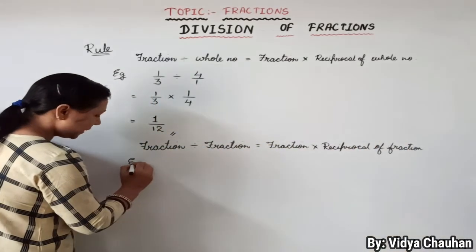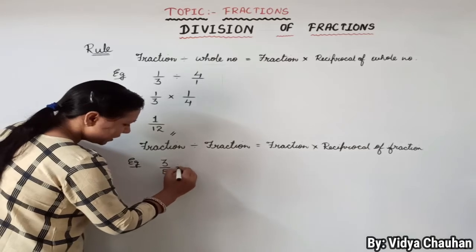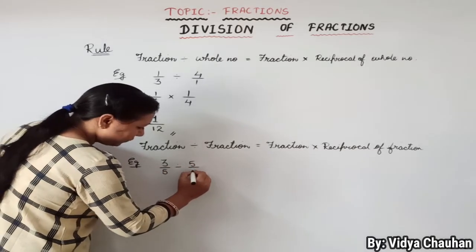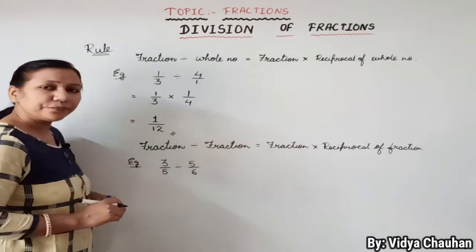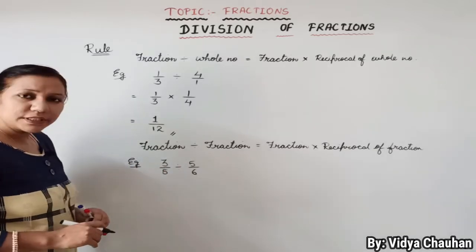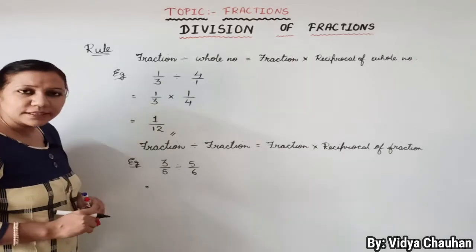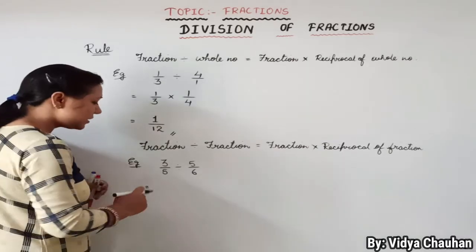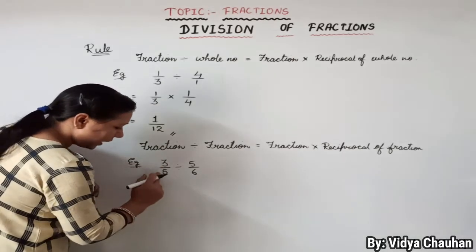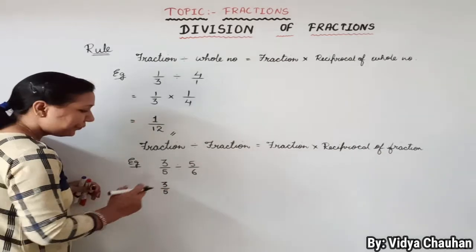Let's take an example. Suppose there is 3 upon 5 divided by 5 upon 6. If it is said to solve this, you have to divide these two fractions. So the rule is the same. Write down the first fraction as it is, 3 upon 5.